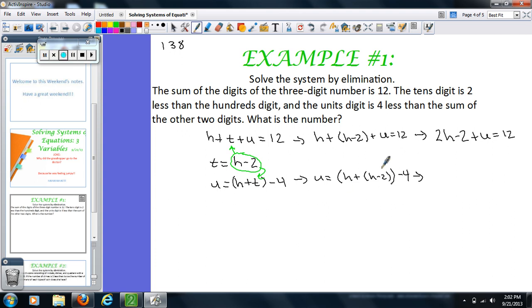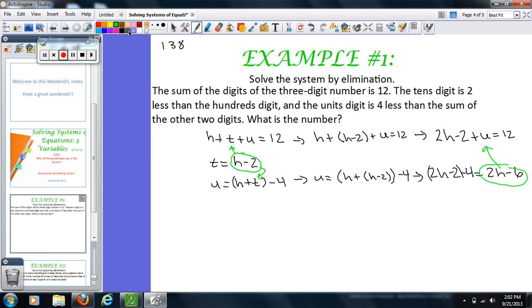Again, we can get rid of the parentheses here. So this becomes 2h minus 2 minus 4, which equals 2h minus 6. And that equals u.